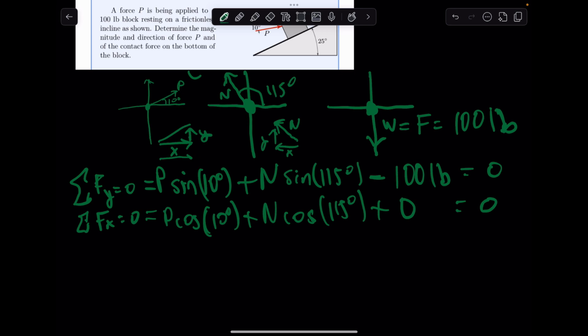And what we have here is basically a system of 2 equations and 2 unknowns. So you can just plug it into a calculator or figure it out. I'm not going to go over this in this video because I don't think it's relevant. I mean, it's kind of relevant, but if you can't solve a system of 2 equations, then you should probably review that in algebra.